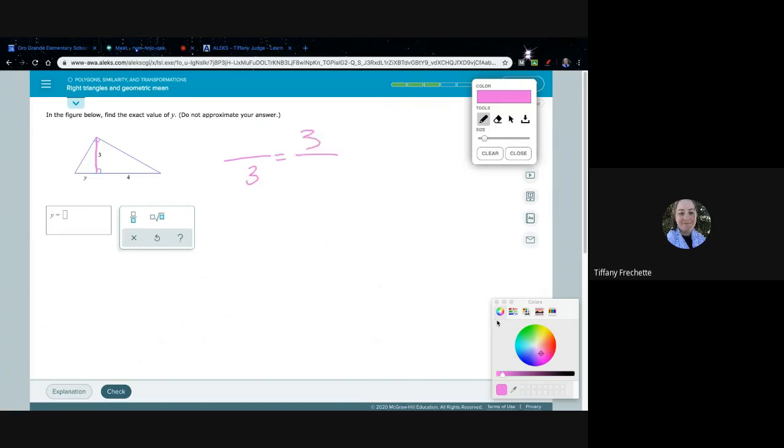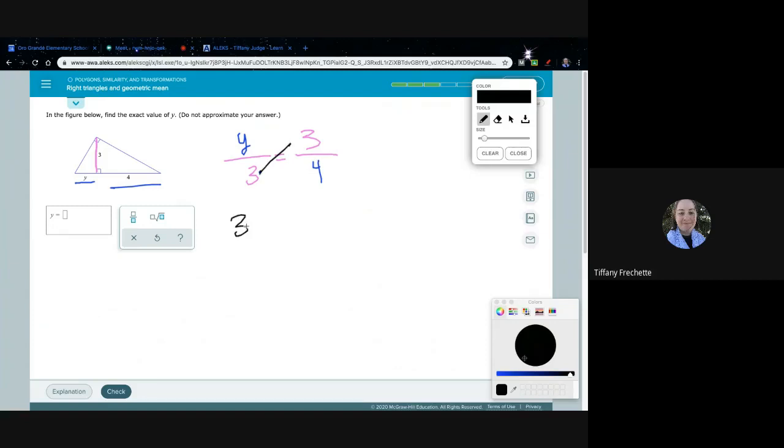Okay, so this is my geometric mean. I'm going to go ahead and write it on there. And then let's do this so we have the left side and then the right side. When it is actually the geometric mean, we just use the two pieces. But when it's the side, we have to focus on the first side it created, and then the whole thing. Okay, so let's go ahead and cross multiply here.